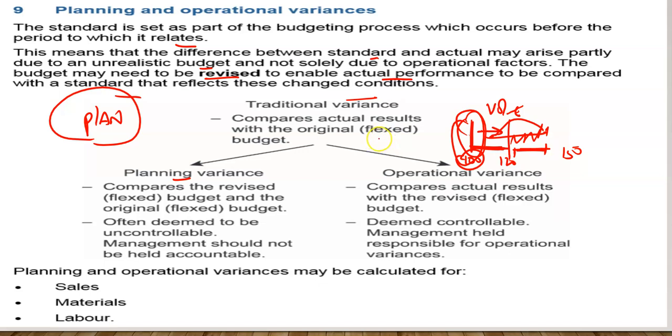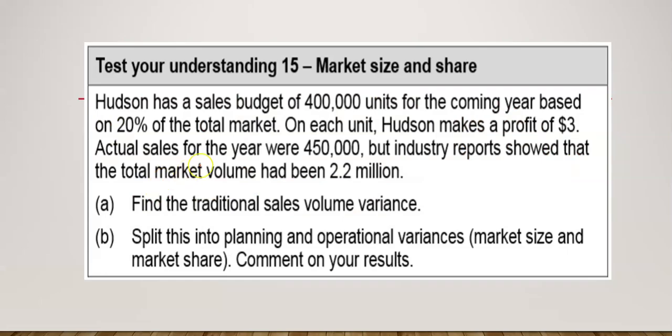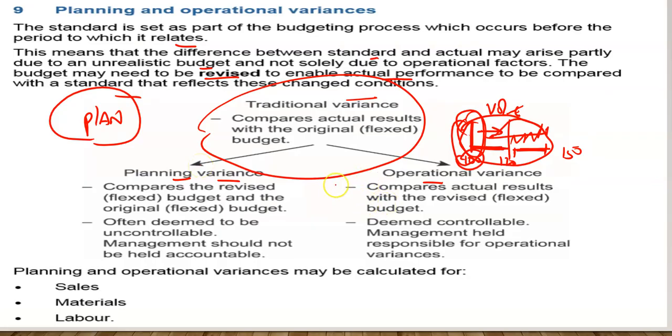So we have your traditional variance, which compares the whole thing. Then we can break it apart into a planning variance and an operational variance. You compare the revised budget with the original.